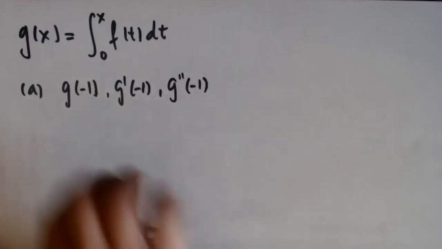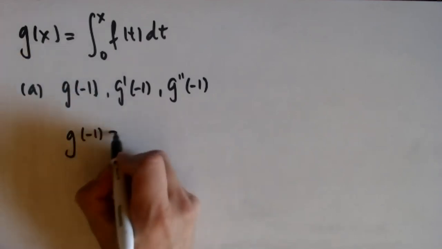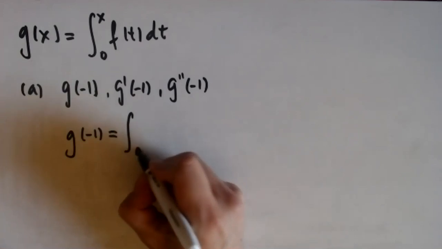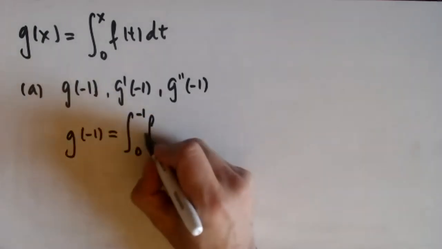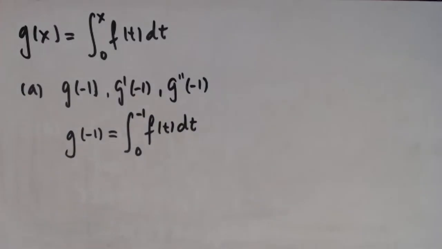Now, what is the work you have to show? Well, this is very simple. If this is g of x, g of -1 is the integral from 0 to -1 of f(t) dt, correct? It's very important.